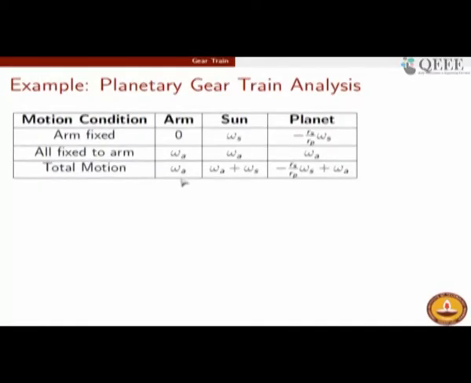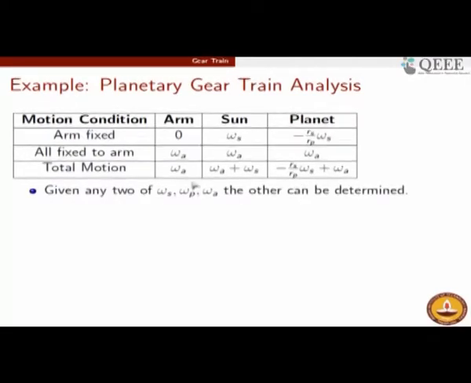And therefore the total motion is going to be the sum of each of these two entries in a particular column. So the total motion of the arm is omega a, the total motion of the sun is omega a plus omega s, the total motion of the planet is omega a plus omega s into minus rs by rp. So what we have are therefore three variables, omega a, omega s and omega p.